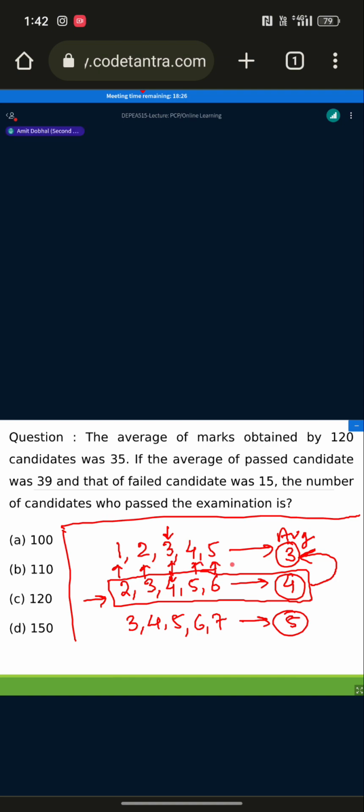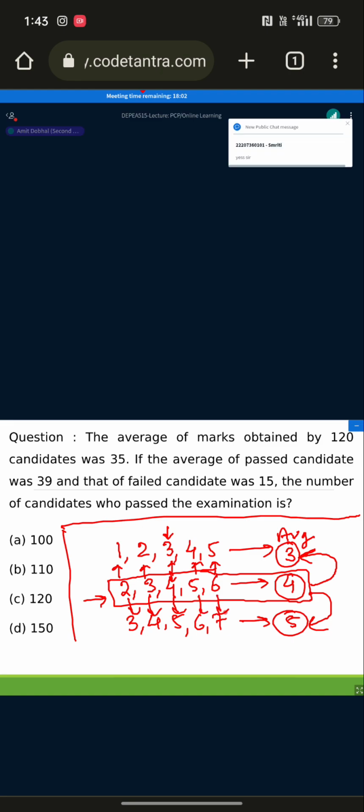Similarly, if the average of a certain group is increased by 1, meaning from 4 it goes to 5, I can say that each one of the group members is also increased by 1. You can see here from 2 to 3, 3 to 4, 4 to 5, 5 to 6, 6 to 7. Is that okay?